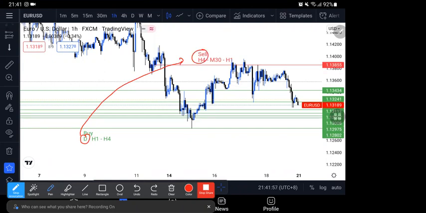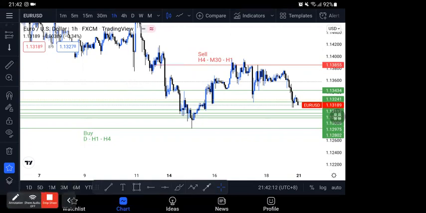So when we have the H4 sell, we should stand by with H1 buy, because this is how the thing should go. It should be like this.